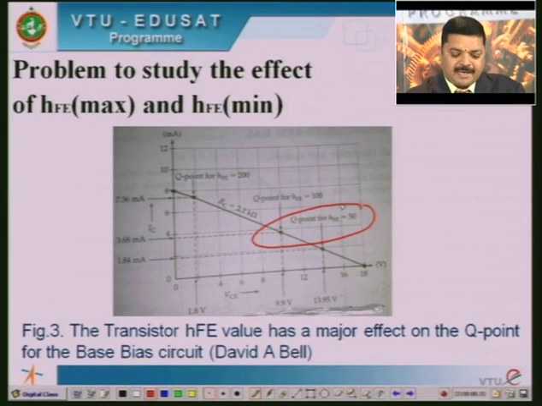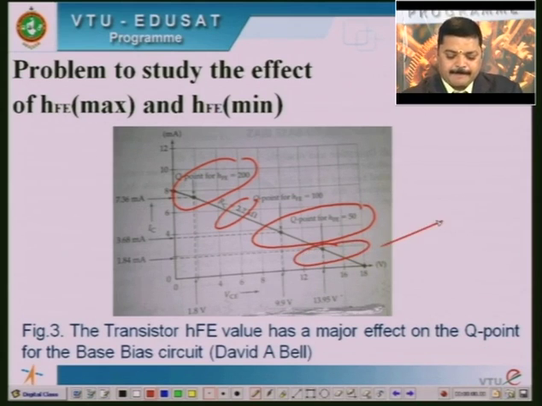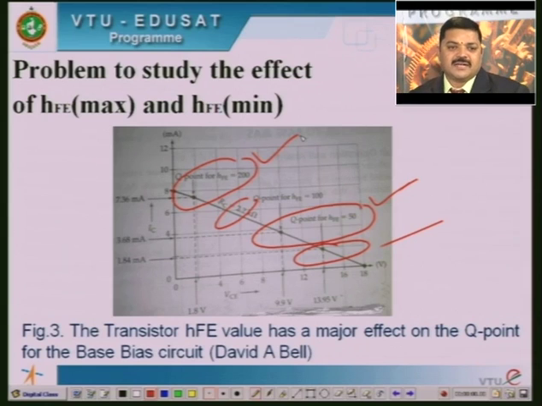For HFE max, the operating point is here, and we also took HFE equal to 100 and calculated that, which comes somewhere here. These are the 3 points. Now, if we see this graph, the transistor HFE value has a major effect on the Q point for the base bias circuit.